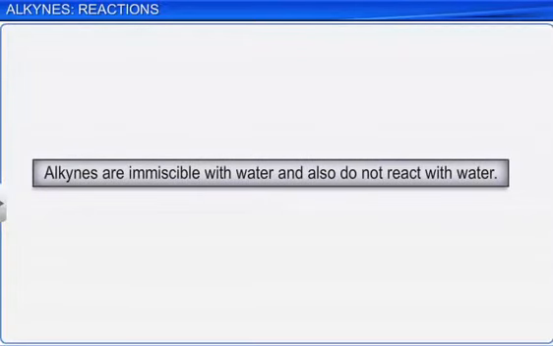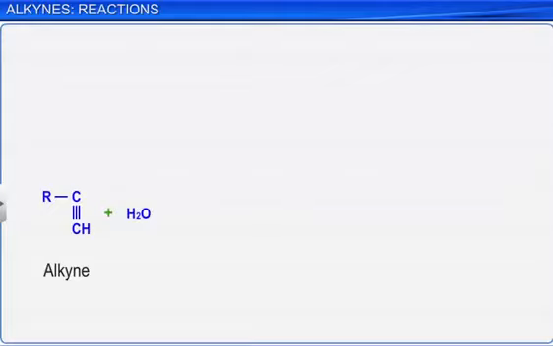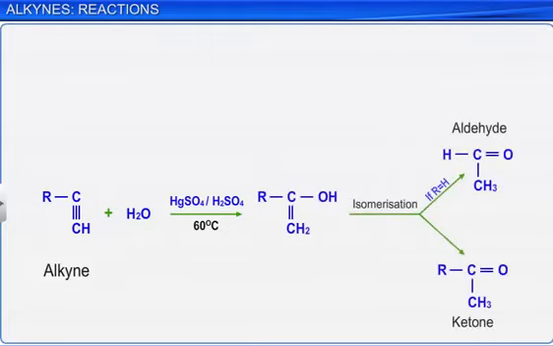Like alkanes and alkenes, alkynes are also immiscible and do not react with water. However, in the presence of dilute sulfuric acid and mercuric sulfate at 60 degrees Celsius, alkynes add one water molecule to give aldehydes or ketones.